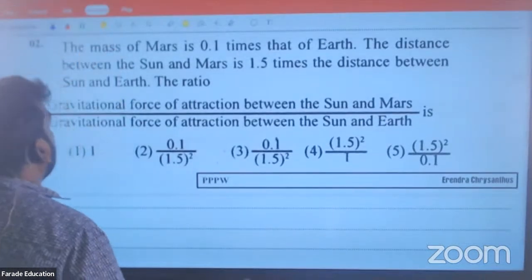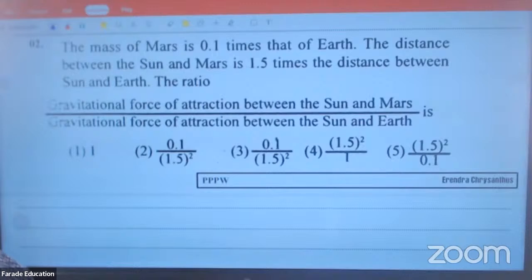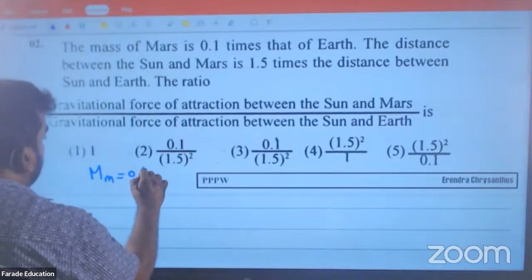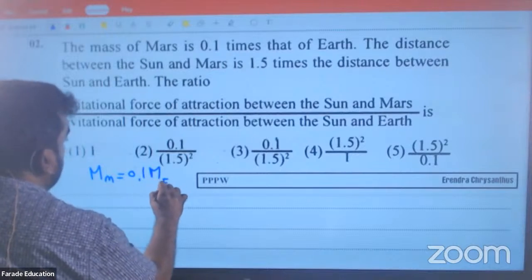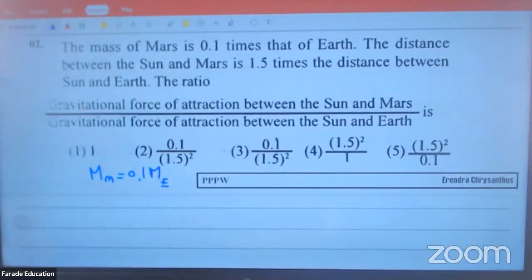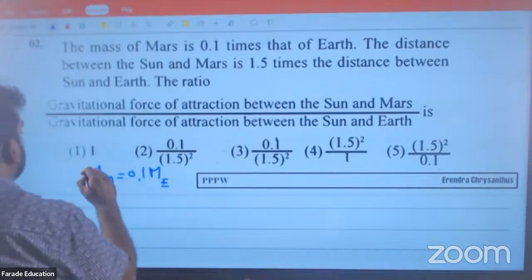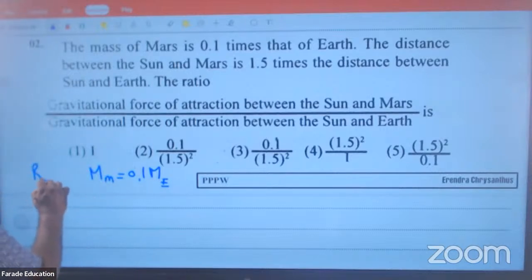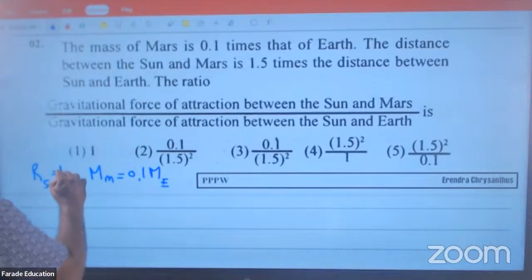Mass of Mars is 0.1 times mass of Earth. Distance between Sun and Mars is 1.5 times distance between Sun and Earth.